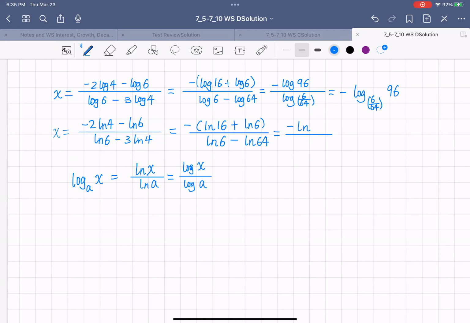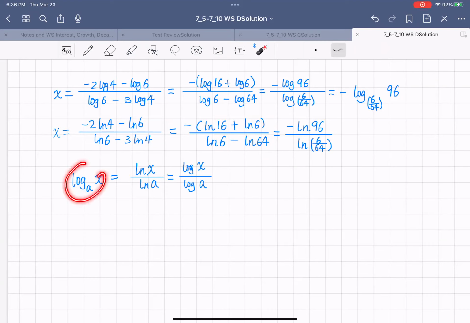Wait, do I just add them? You do the multiplication. Oh, yeah, multiply them? Uh-huh. You do the multiplication. That's the property. Oh, 96. Yes. And then for the bottom, when it's minus, you will do the division. Correct? Uh-huh. So that's it.